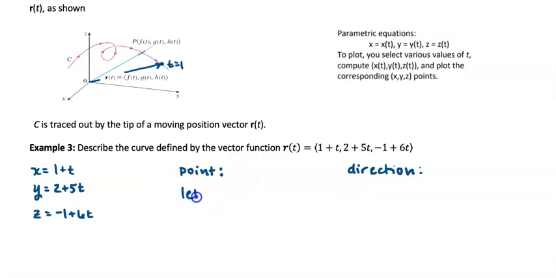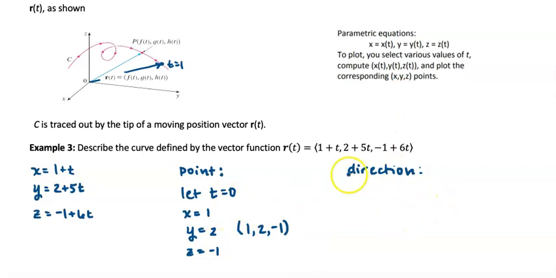Let's let t be equal to 0. Then x is 1 plus 0, which is 1. y is 2 plus 5 times 0, which is 2. And z is -1 plus 6 times 0, which is -1. So one of our points is (1, 2, -1). Obviously we have an infinite number of points along this curve, but this is just one of them.